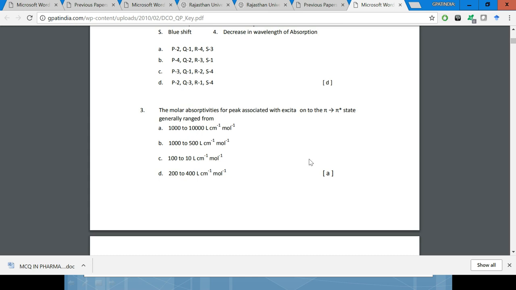The third one: molar absorptivity, a peak associated with excitation to a pi to pi star excited state, generally ranges from. So this is a very first question, what is molar absorptivity?